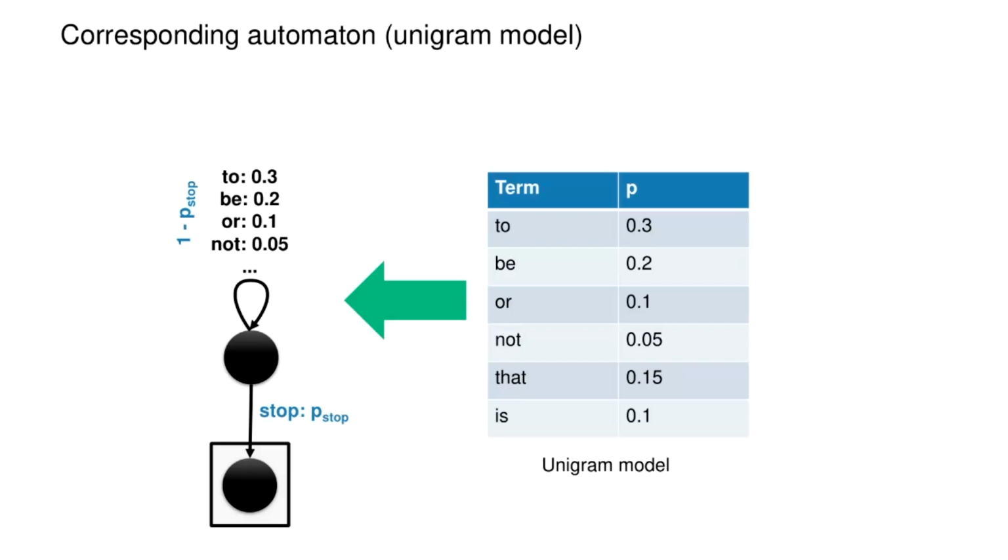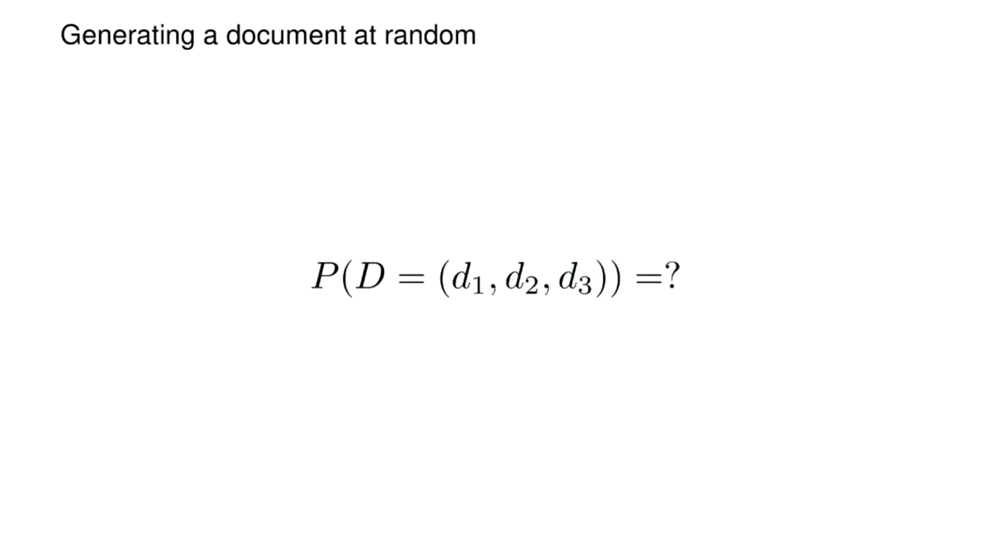Right? Okay. So this is the unigram model, and all I need is a lookup table where each word corresponds to some probability. So now, can anybody tell me what would be the probability of generating exactly the document d1, d2, d3? They're small d, right?